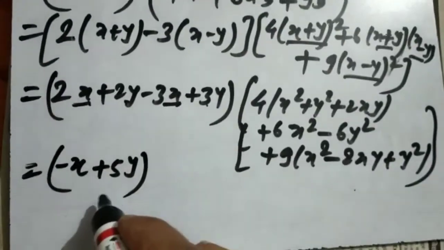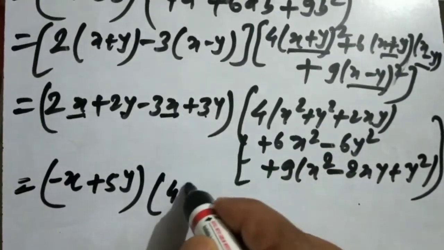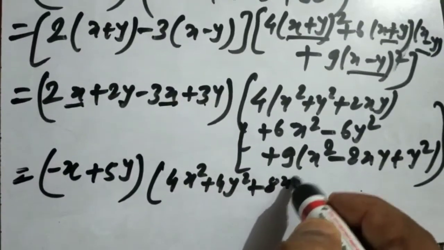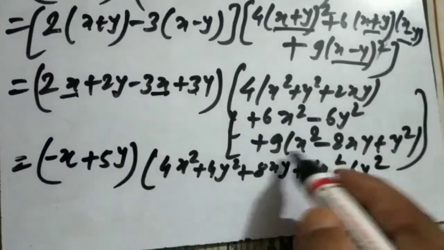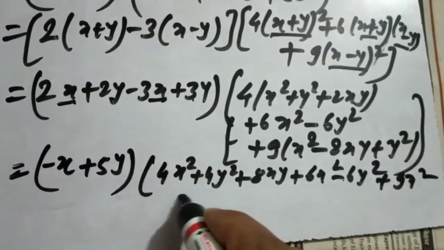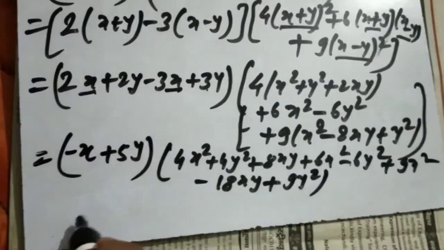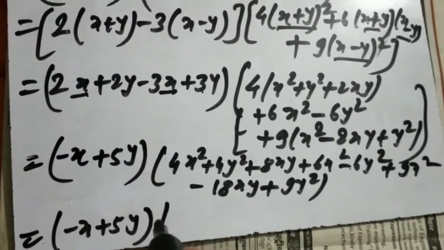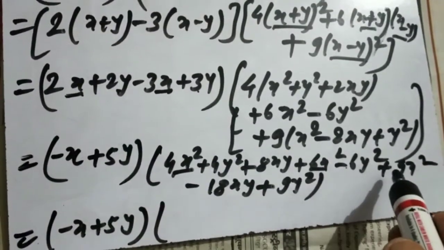Okay, and into, we have to write 4x square plus 4y square plus 8xy plus 6x square minus 6y square plus 9x square minus 18xy plus 9y square.